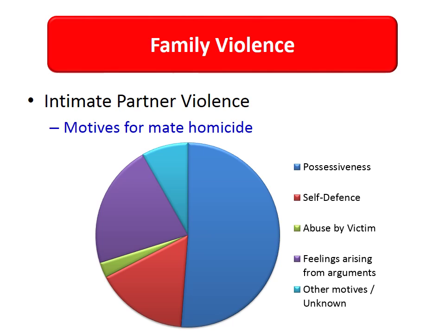Research has found that there are several motives for mate homicide. As you can see from the pie chart here, possessiveness makes up the motive for almost 50% of these crimes. Many of these incidences are also correlated with alcohol abuse, where the abusive husband or father is seen as irrational.